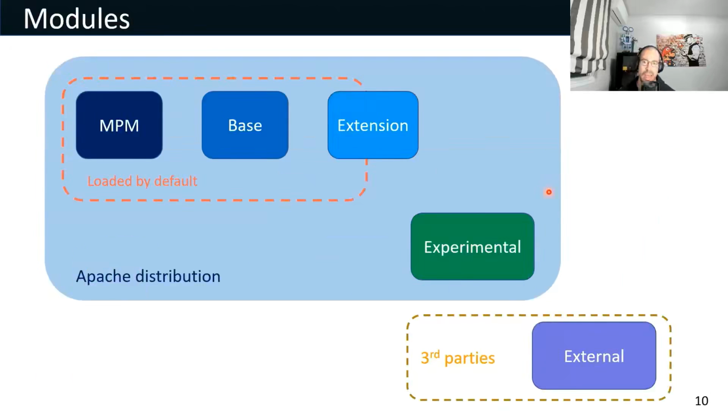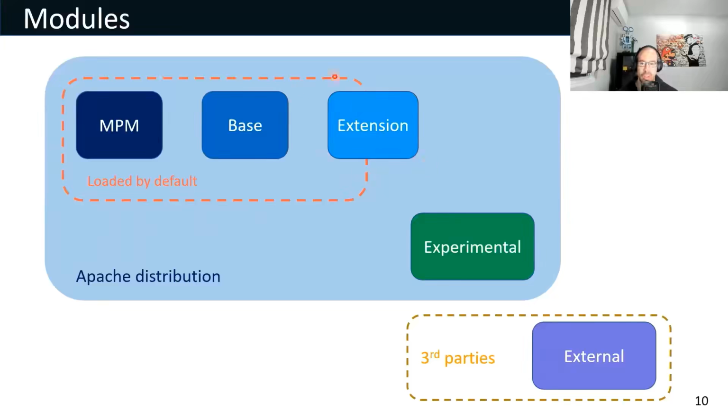Among the modules, we have 5 different categories. The first one is the MPM module. This type of module is responsible for basic request handling and dispatching. Then we find the base modules. These modules are compiled and loaded by default.